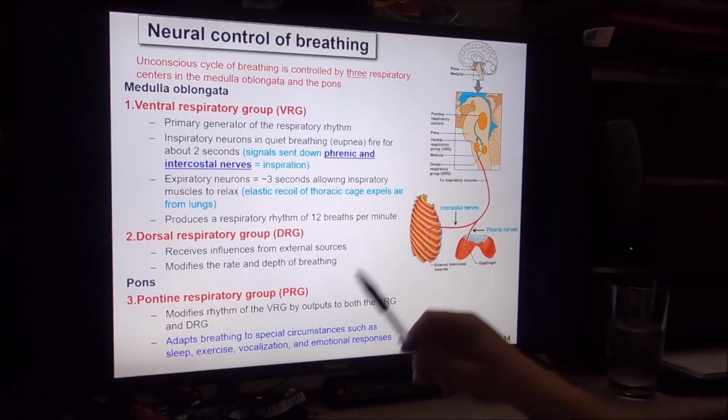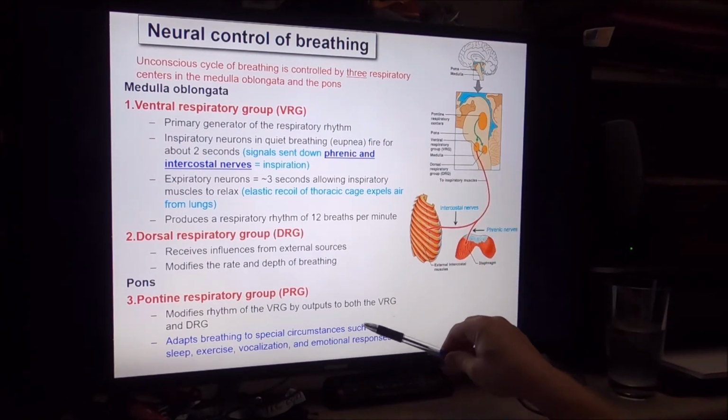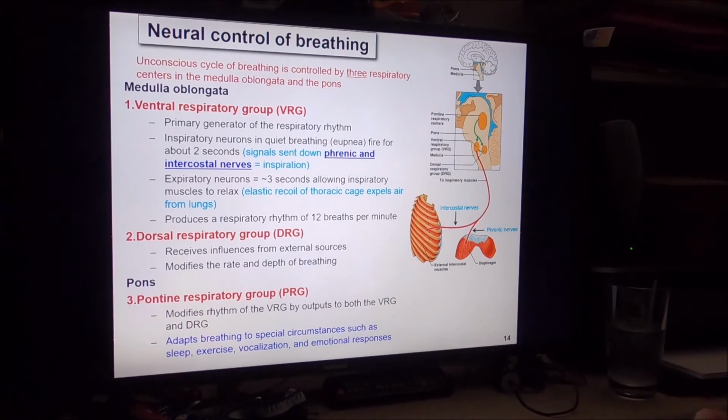This is all done by the pons. And then there are general emotional responses. You've seen people who can't get the words out. That's classic pontine respiratory group activity, regulating how air comes out and being augmented by your limbic system, which deals with your emotions.